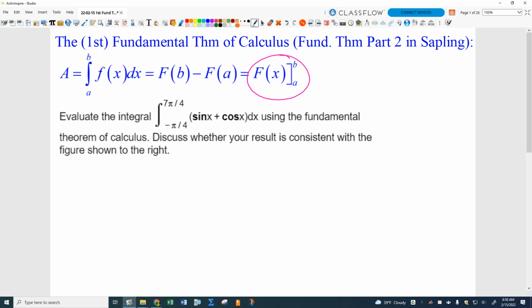The integral of sine x plus cosine x dx. Let's just talk about some minor techniques. We haven't done a ton of anti-differentiation, but really most of this is just anti-differentiation until you get to the end where you plug in the limits of integration. So how would we go about this one?